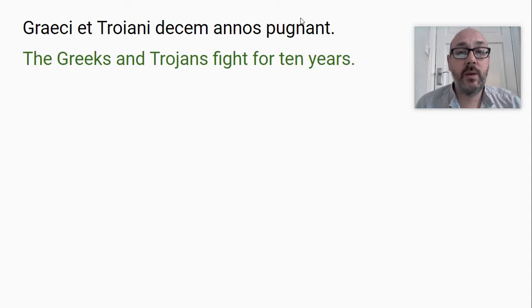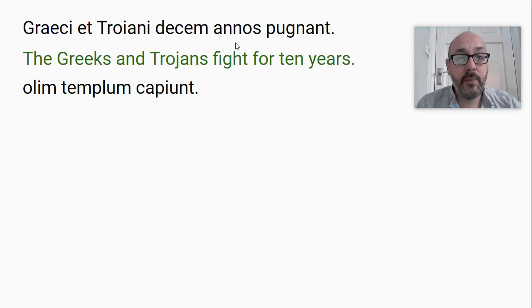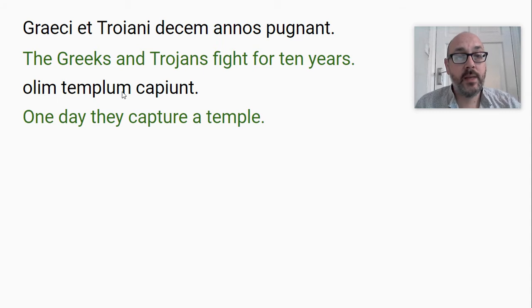Do you remember last week we met these time constructions? Decem annos goes into the accusative, for 10 years. Olim templum capiunt. So olim means once. Once they capture a temple. One day they capture a temple.